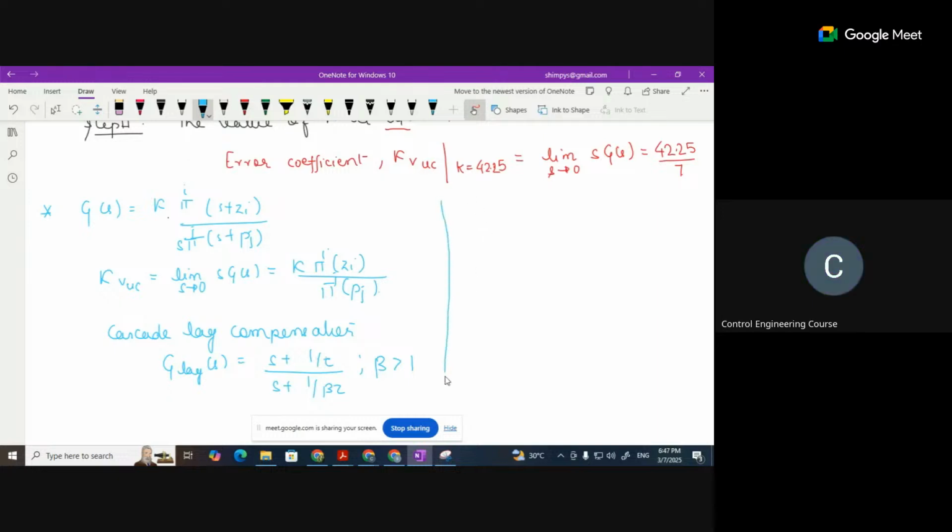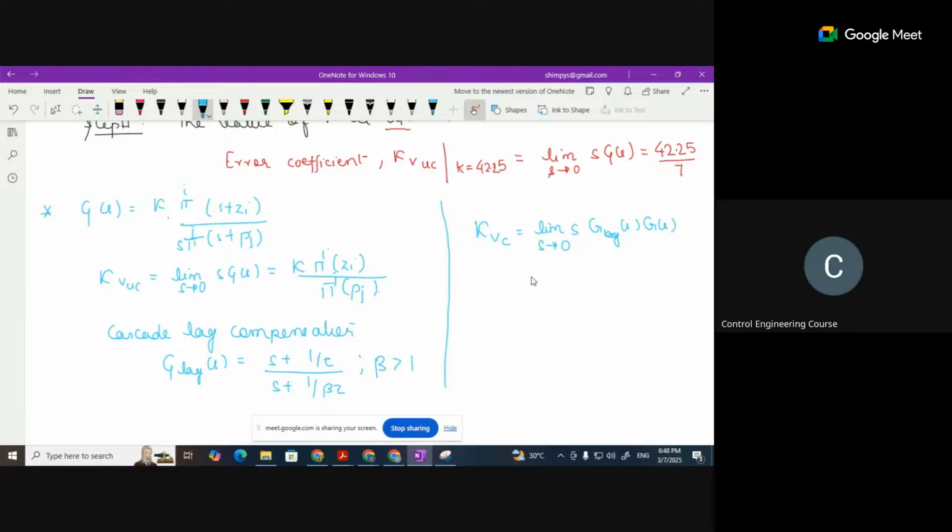Yes, ma'am. Okay. Now, for the lag compensated system, the error coefficient will be what? Kvc. Because we are talking of the compensated system, it will be limit s tending towards 0 of s G lag(s) into G(s), right?